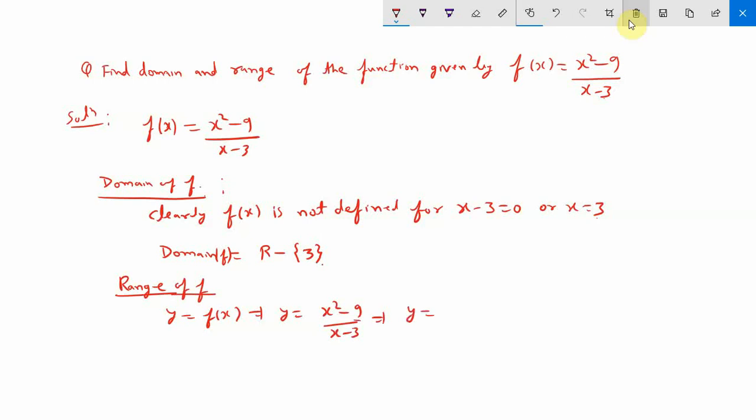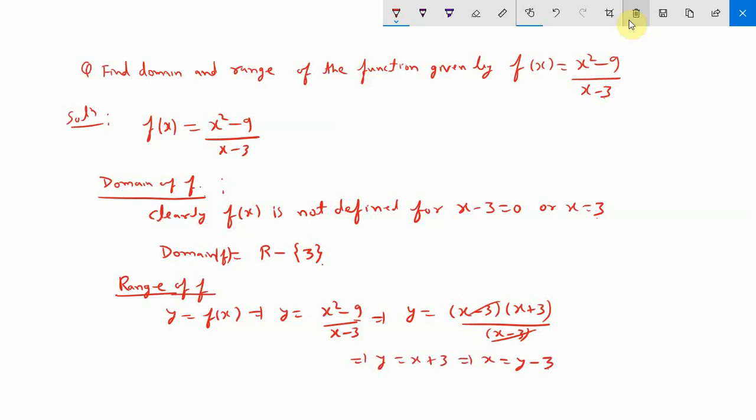So y equal to, this we can factorize as (x minus 3)(x plus 3) divided by (x minus 3). So y equal to x plus 3 or x equal to y minus 3. Okay. So we can see that y takes all real values except 6.